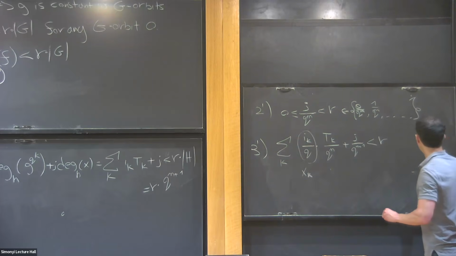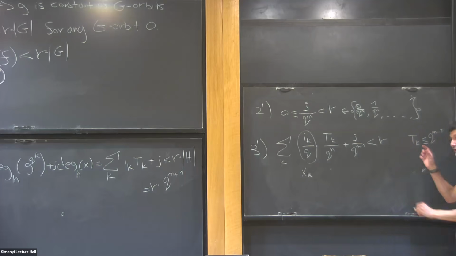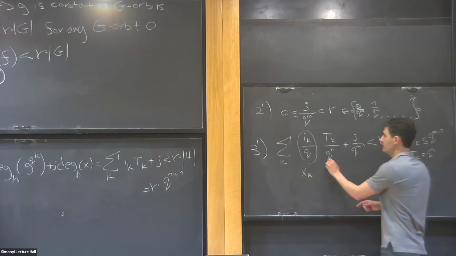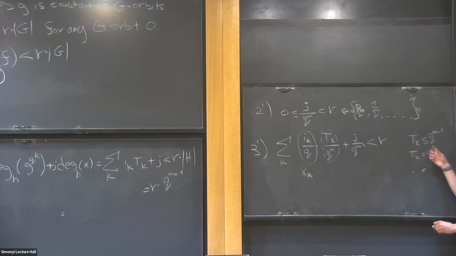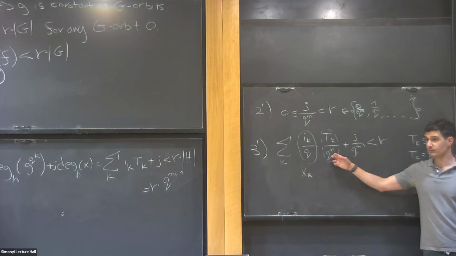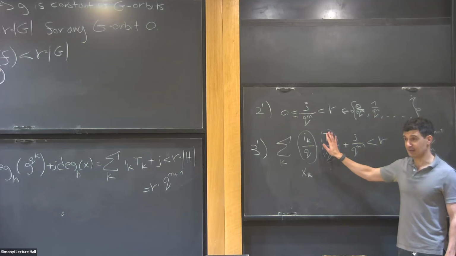So TK was most of the time at most Q to the M minus 1. Remember? And in some extreme cases, it was equal to Q to the M. So this term, most of the time, when Q tends to infinity, goes to 0. When TK equals Q to the M, it does not vanish.